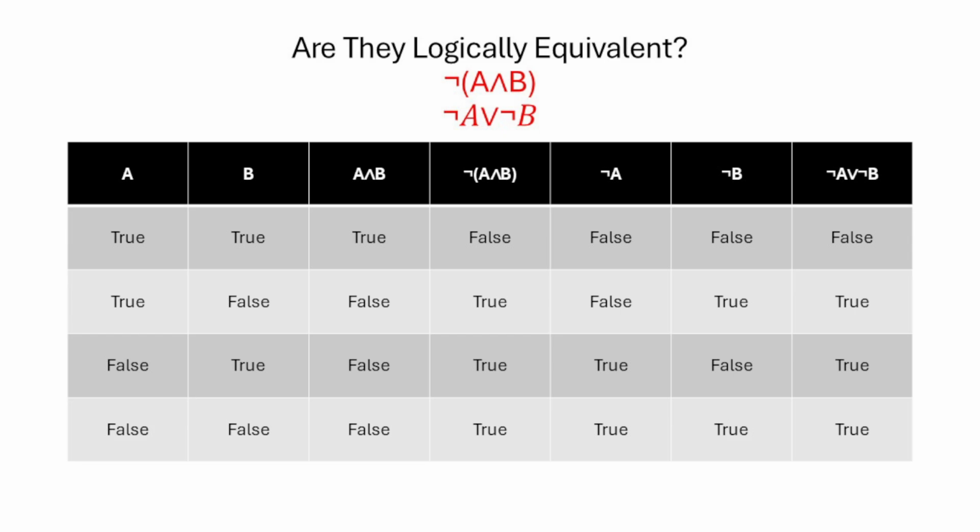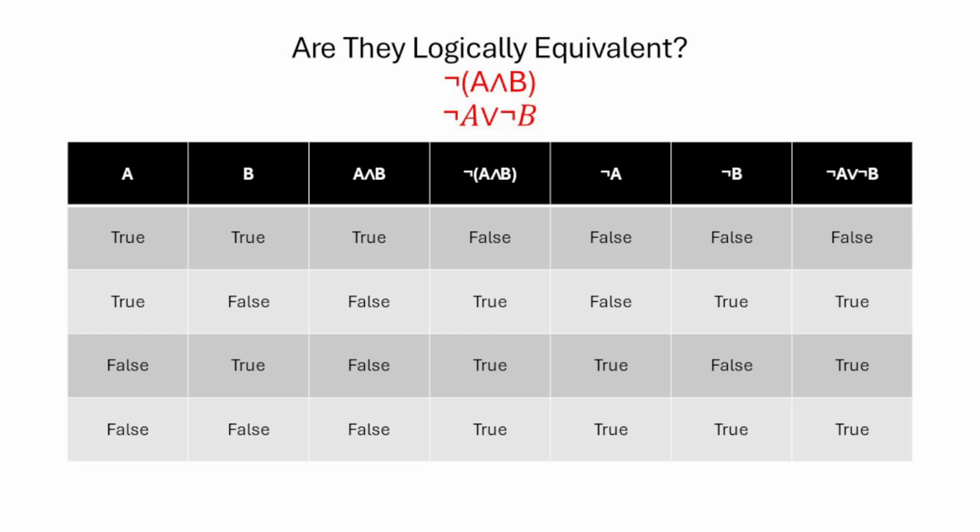And in the bottom row, we have A is false and B is false. Therefore, A and B is false. Therefore, not (A and B), i.e. the negation of A and B, is true. And also, not A is true and not B is true. Therefore, not A or not B is true.